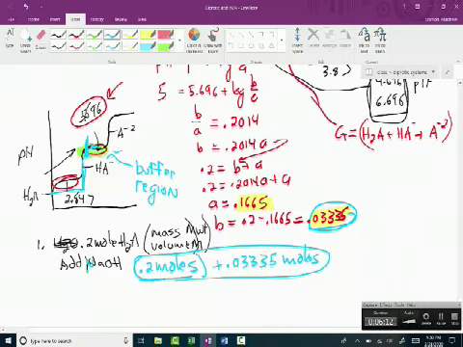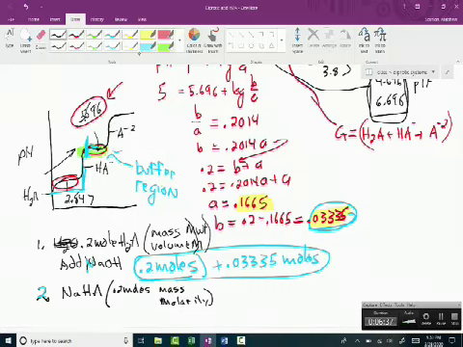Another way is I could start with something like NaHA, and that could be 0.2 moles, gotten either by mass or by volume and molarity, either way. And that's starting me right here.